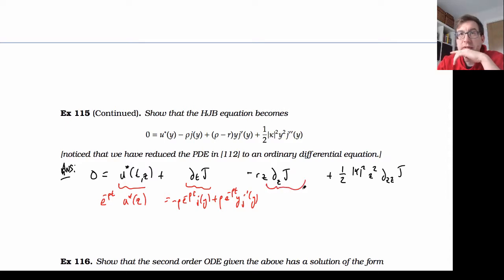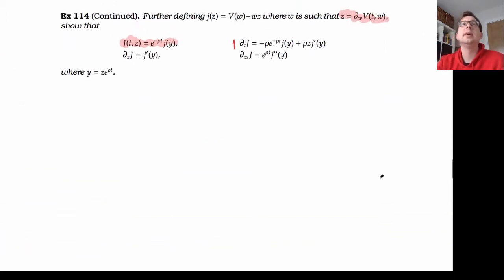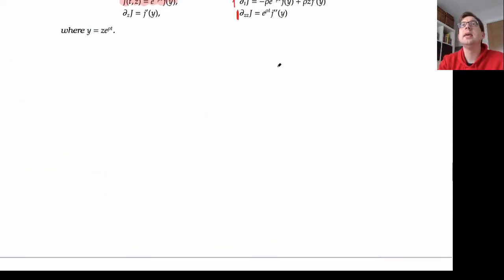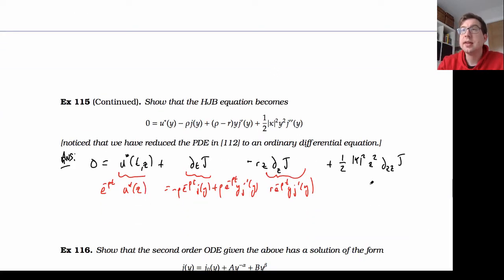I can also substitute in for this term from the expressions above. This is going to give me e to the minus rho of t y j dash of y. Okay. And then from this term here, I'm going to get the second partial derivatives for j, which are up here. And this is going to give me a half kappa squared y squared e to the minus rho of t, second derivatives of j.